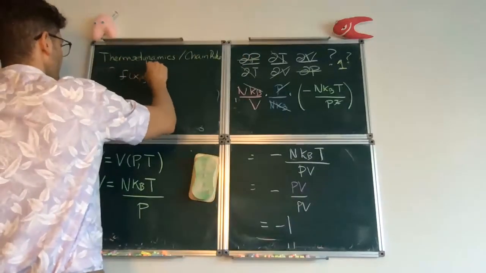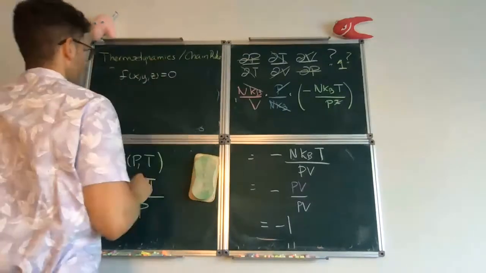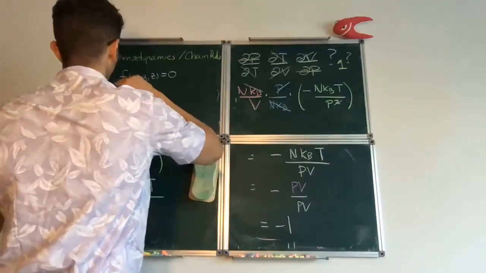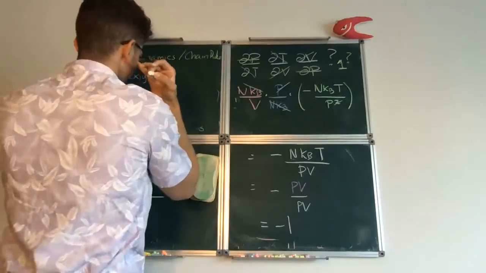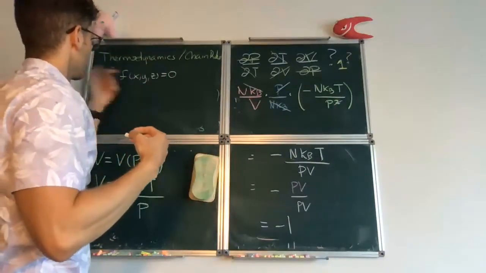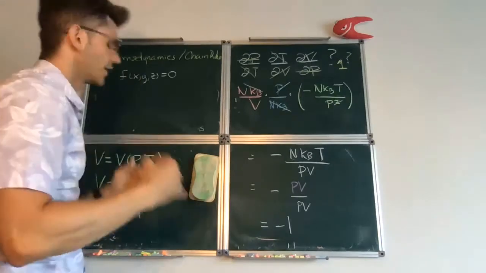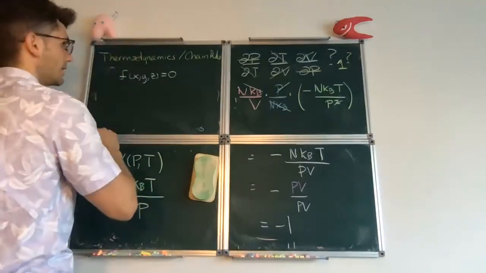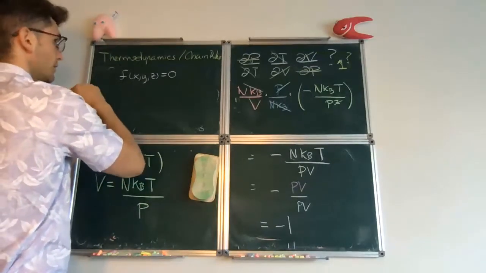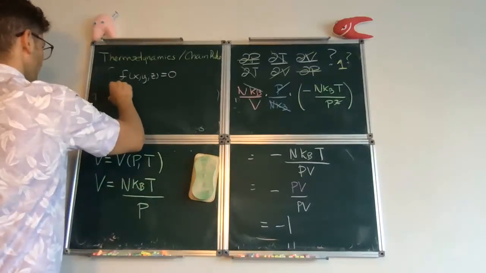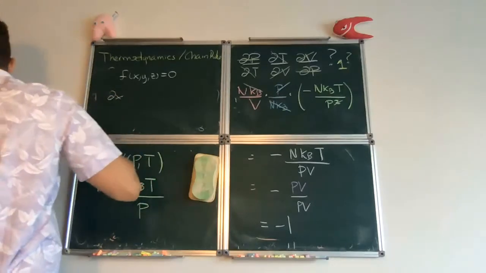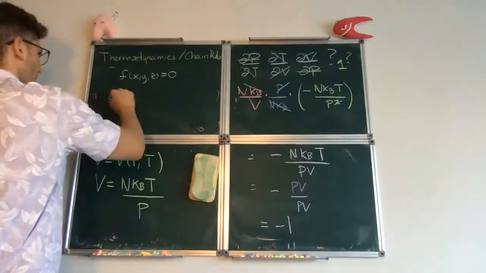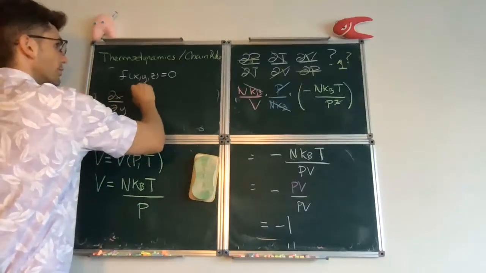If you have a relation between three variables being equal to 0, then you can think of this equation as allowing you to formally solve for one of the variables, like some implicit function theorem type idea. And so the point is that you'll do something like this.